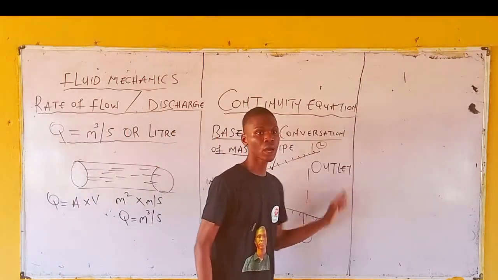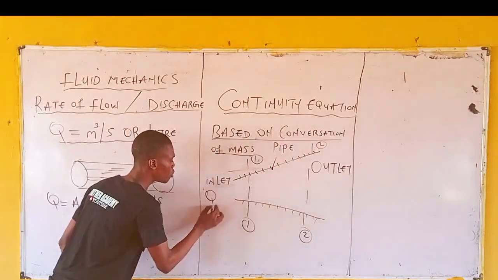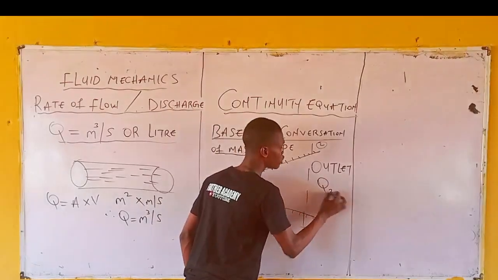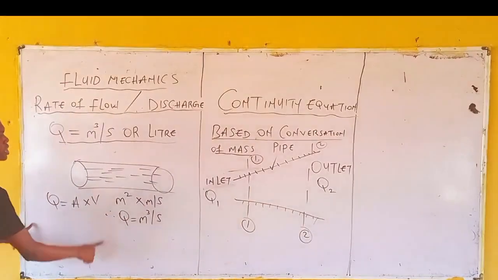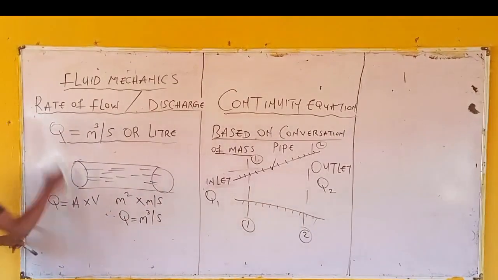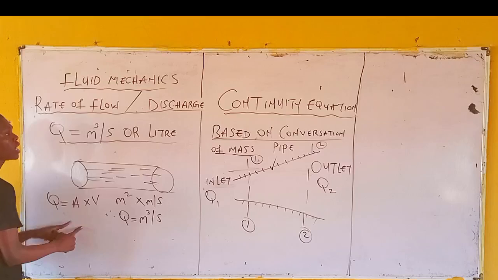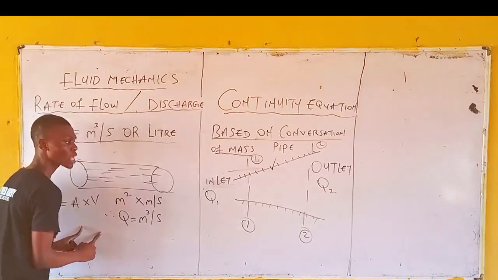Are you getting me? Meaning, for section 1, you have Q1. For section 2, you have Q2. What this means is that you can relate the general formula of discharge, which says that your discharge Q is equal to area times velocity.